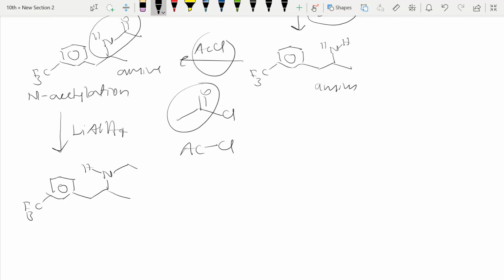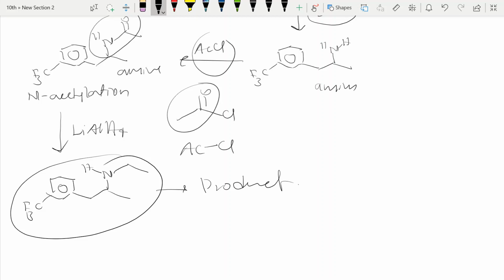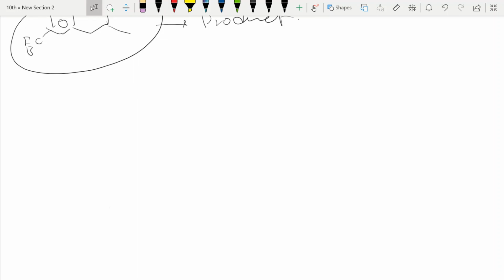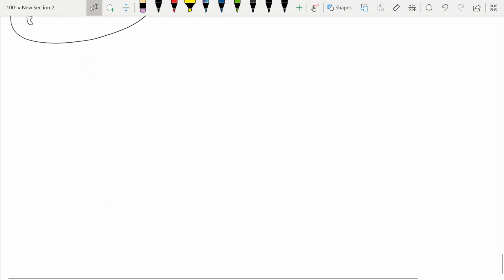NHCH2CH3. So this is our target molecule, here we call it the product. So first we do retrosynthesis, then we do the reaction. If both are correct, and if other things are satisfied about reagent and intermediate, then it is correct.